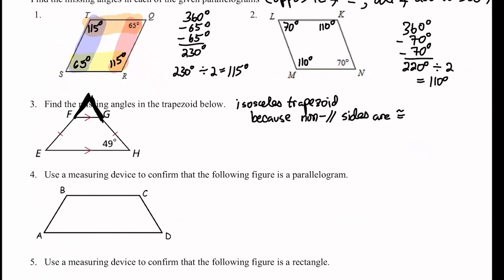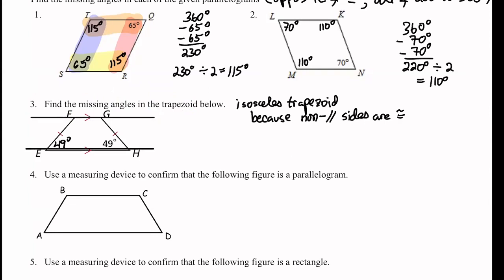So this would also have to be 49 degrees. Right? So then you get into some other things that we've talked about. Parallel lines and transversals. Right? So if I draw a line segment here, we know it's going to be parallel to this line segment.